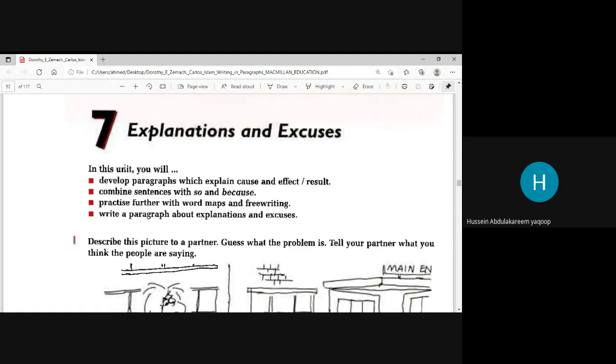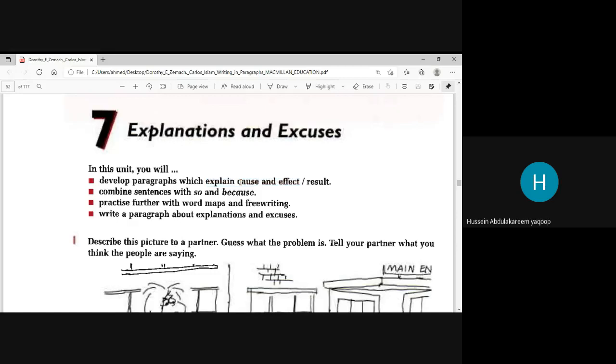So in this unit, we are expected to develop paragraphs which explain cause and effect. Now remember, this is very important. Later you might be asked to write a paragraph explaining causes and effects, or write a cause and effect paragraph.